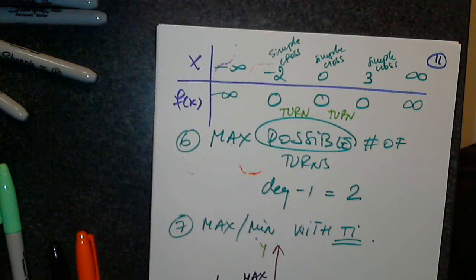But I have step 7. I have to do it with a graphing calculator. Let's see if this cooperates now. Okay. So we have x, parentheses. It was x plus 2, right? Parentheses, and then x minus 3.